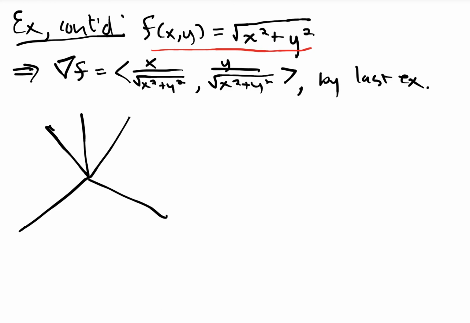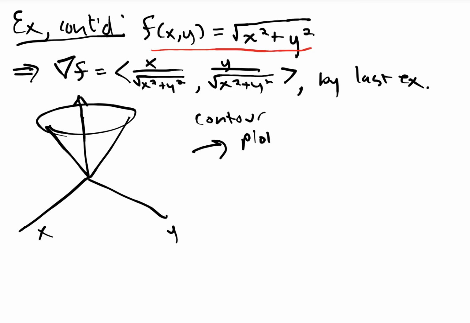So if that is a cone, here's my x and here's my y. Notice that when I go to do my contour plot for this thing, my contour plot is going to highlight my curves along which I have level heights, hence level curves.